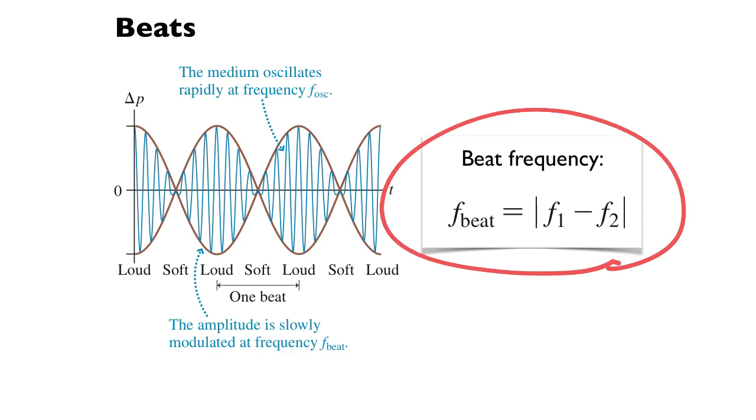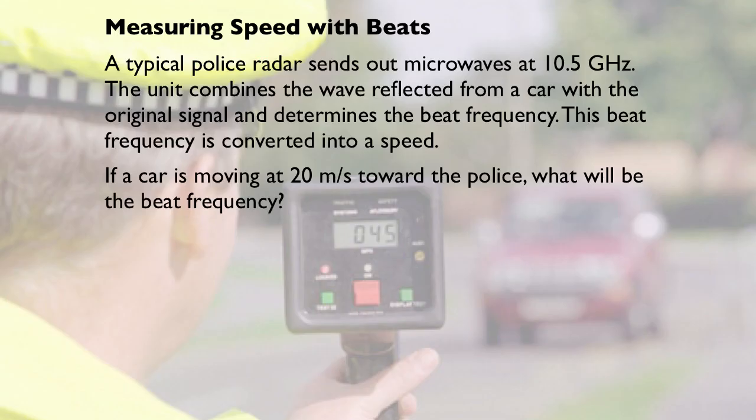You can look at the difference in the frequency going out and the frequency coming back, and use that to determine the velocity of the thing that the wave is bouncing off of. For instance, this is how radar guns work. A radar gun that the police use sends out radar, and the radar comes back from bouncing off of a car, and it gets shifted to a different frequency.